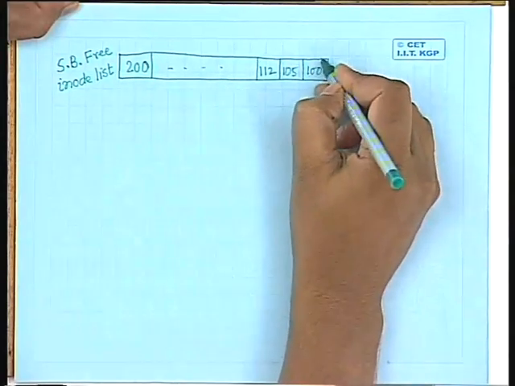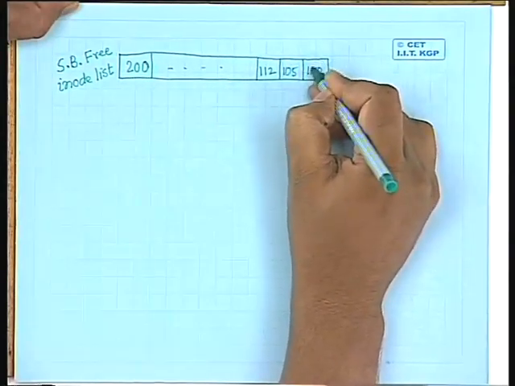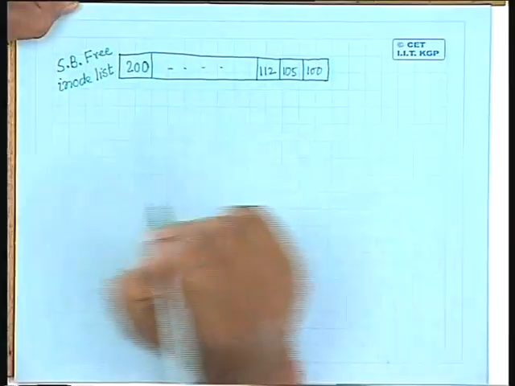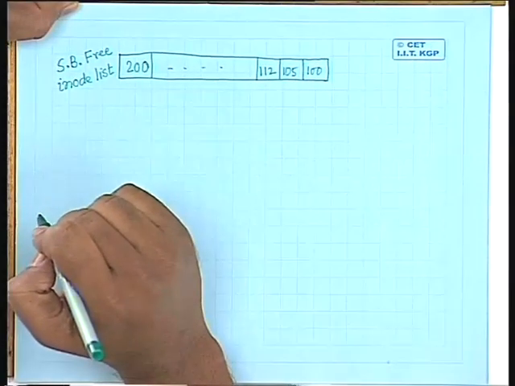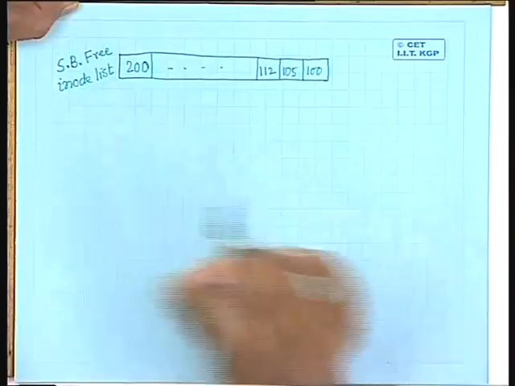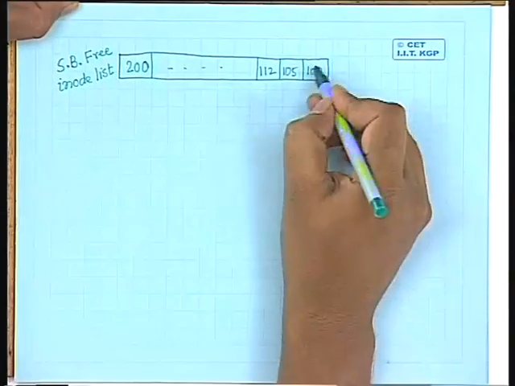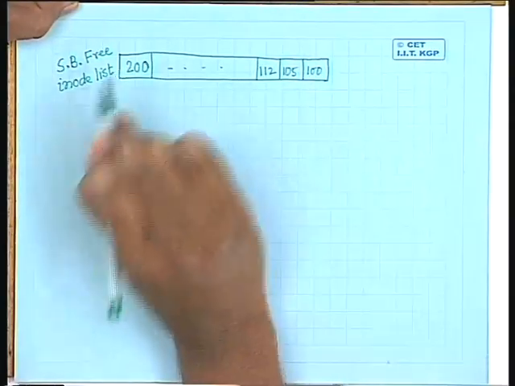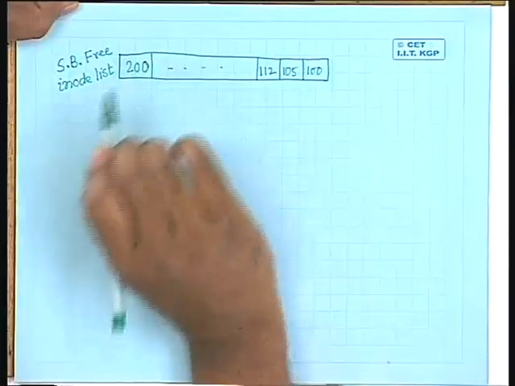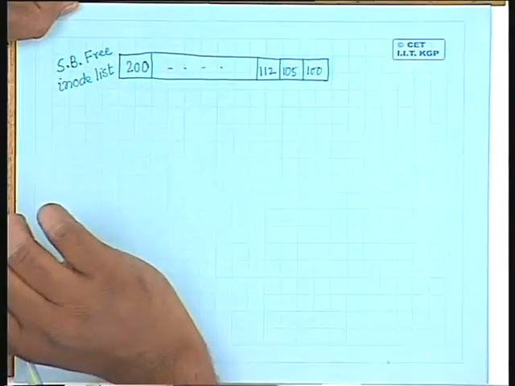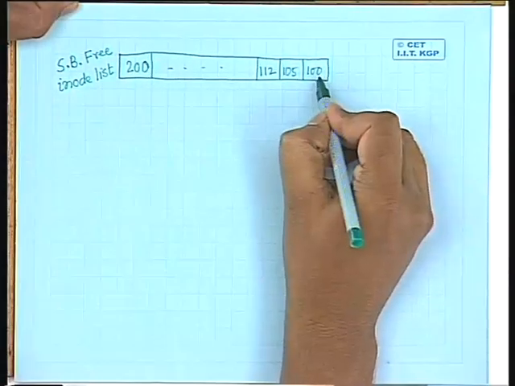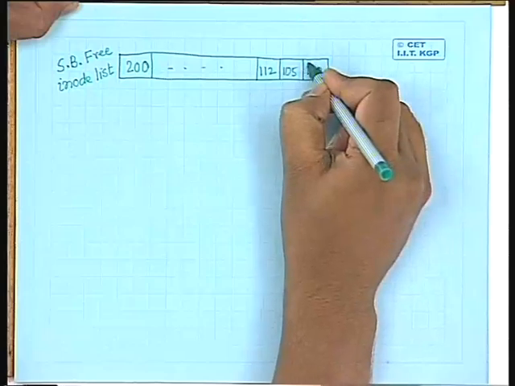On checking, it finds that the first inode that appears in the list is inode number 100. That means inode number 100 is not yet allocated to any other process. So inode number 100 will be allocated to the file or directory being created. On allocating inode number 100, it will be removed from the superblock free inode list.